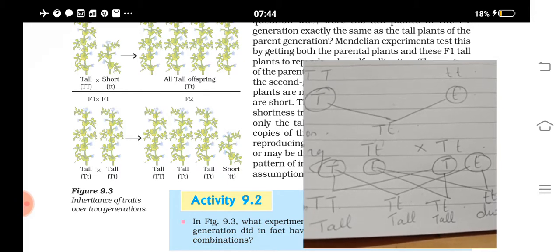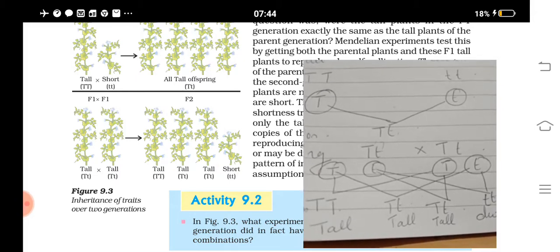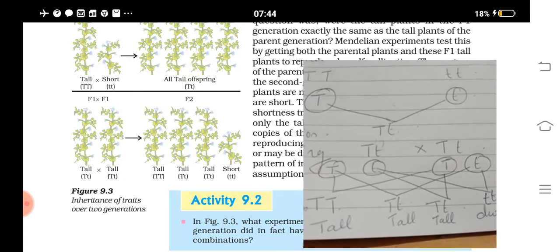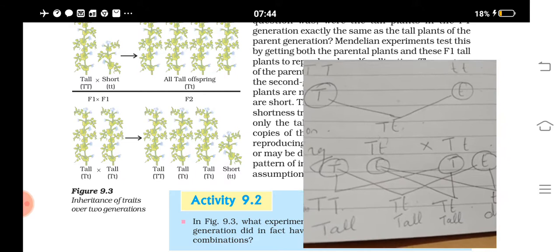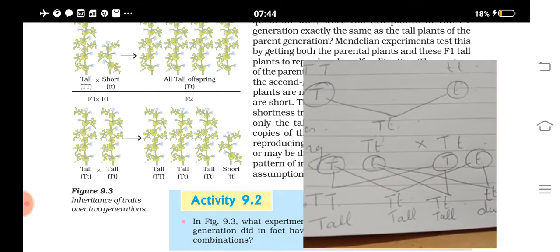If you do it with any other character, you will get the same kind of result. So you can try another character. You make a cross between plants producing white colored flowers and the violet colored flowers.